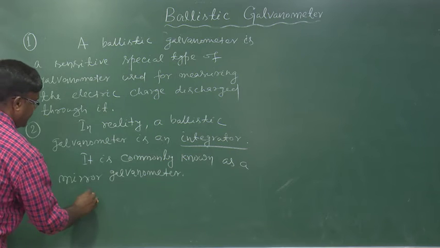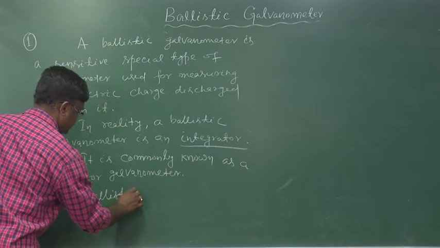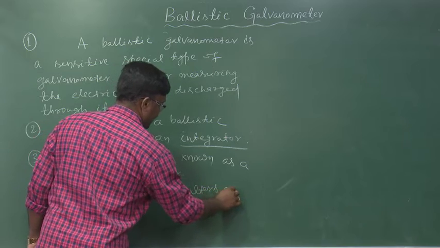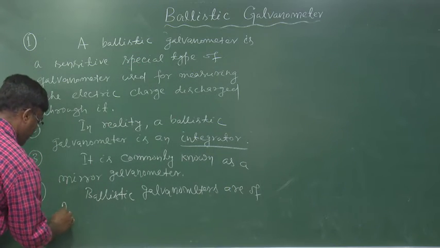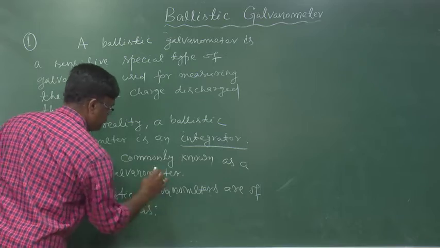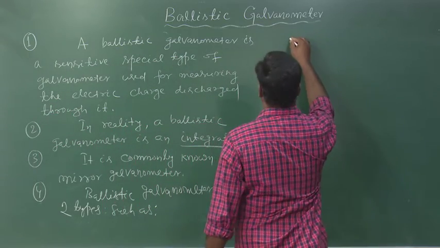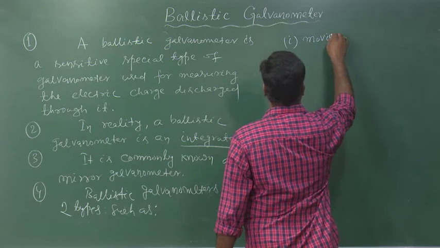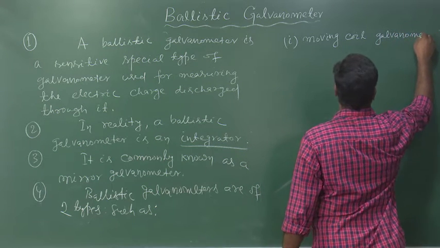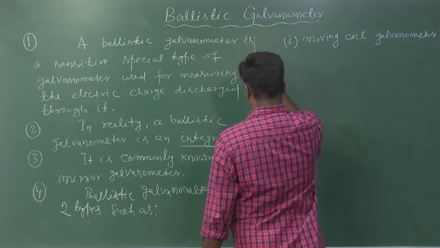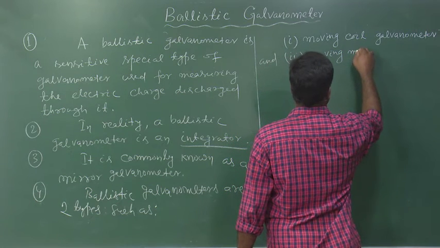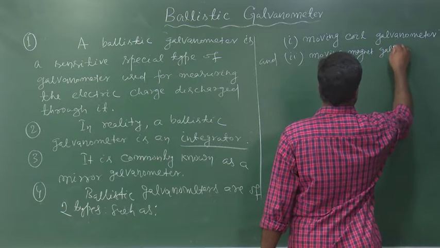Number 4 we can write, ballistic galvanometers are of two types, such as one is the moving coil galvanometer and the second one is the moving magnet galvanometer.